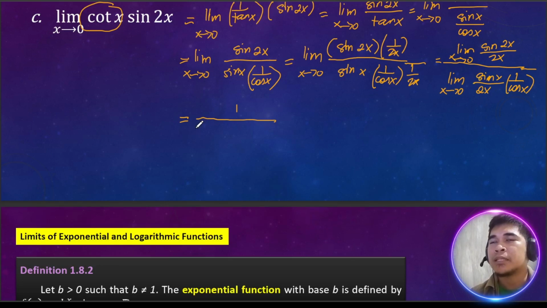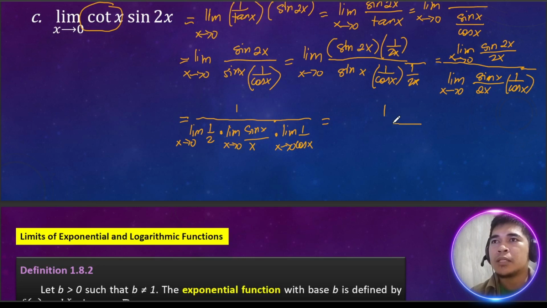So we got limit of, ito ipakita, aron tayo maglibog. Tapos, limit of sine x over x as x approaches 0. And then, limit of 1 over cosine x as x approaches 0.